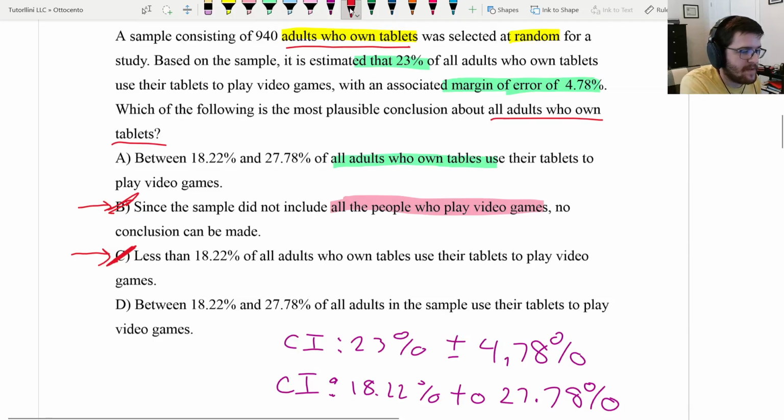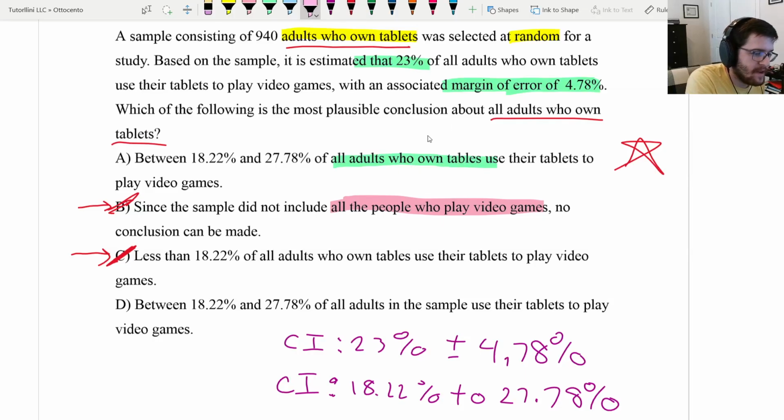I spelt that wrong. I'm going to have to fix that. Let me just mark that for later. Okay, and so that looks good. That's talking about the population we care about. But look down here. It says all adults in the sample.